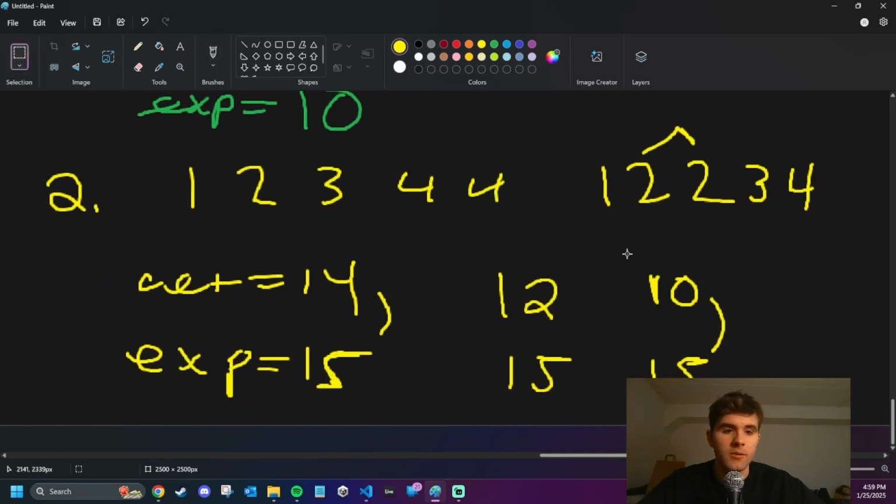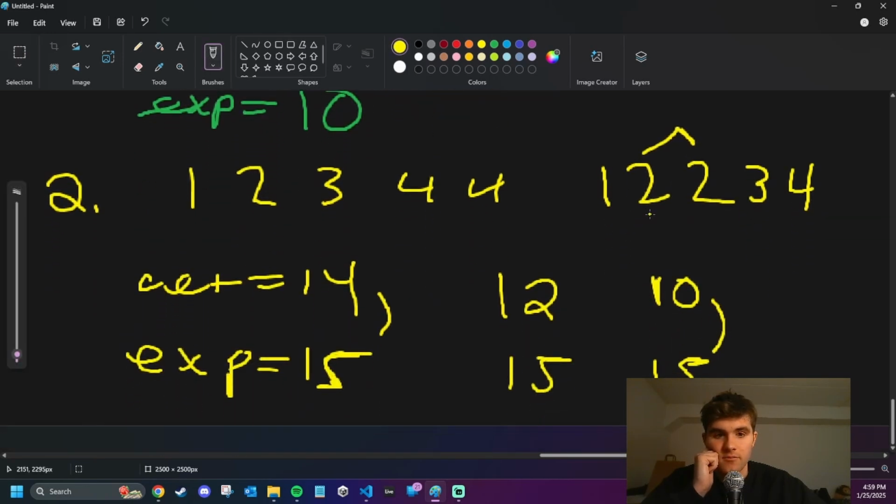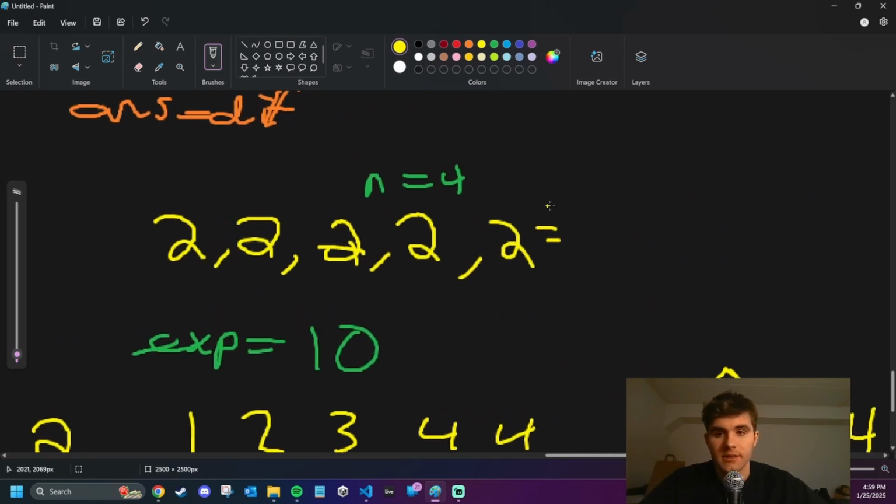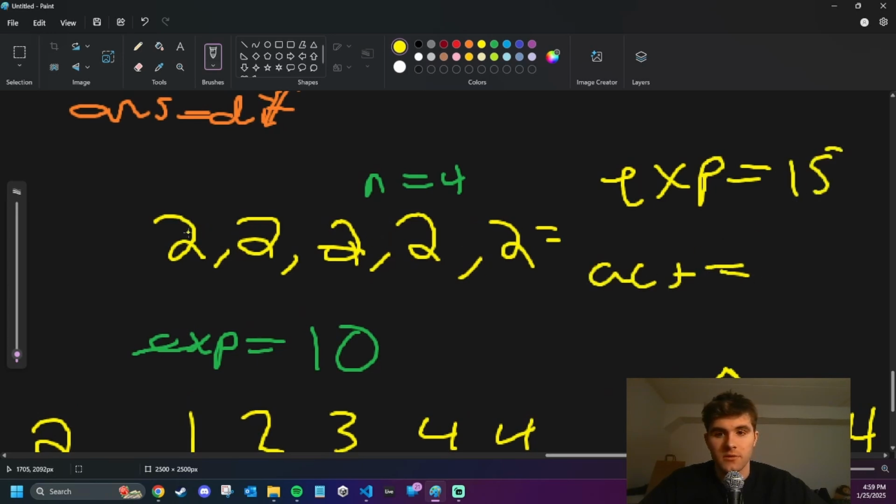So I'm thinking what you may be able to do is get the difference. In this case, it's actually impossible, I think, because if you had 2 1s, then it would be 8. Okay, so in this case, the expected would be 15, but the actual is 2 times 5, which is 10.